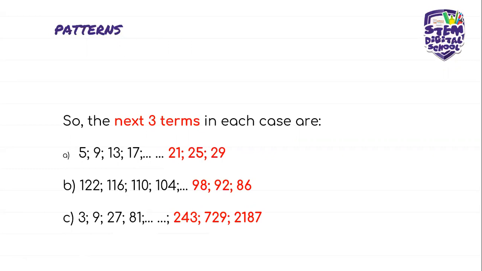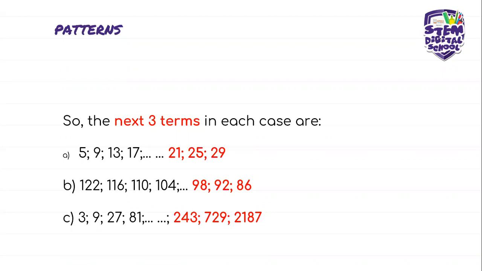It's very simple. The first thing that you need to do is to find the rule. And once you find the rule, then it will be easier for you to find the next 3 terms. But then again, you can also find the next 3 terms just by inspection.